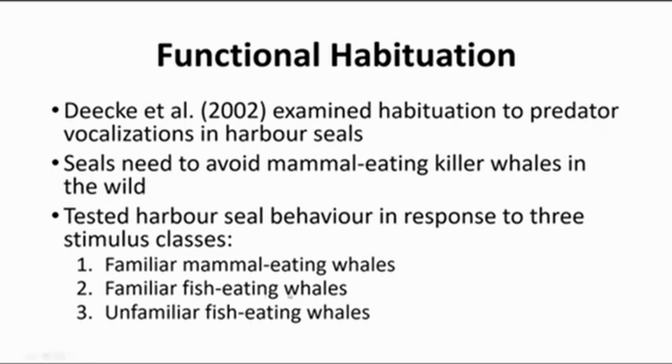They would make a good background noise that you might be able to ignore safely. And then the cool part they looked at is unfamiliar fish-eating whales. These are species that they aren't used to, but that are also not threatening. They're also fish eaters, they're not going to be predators, but because they're unfamiliar, the seals may not know that.